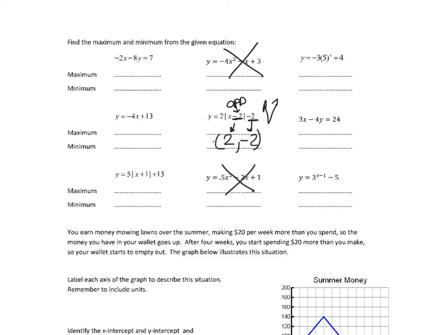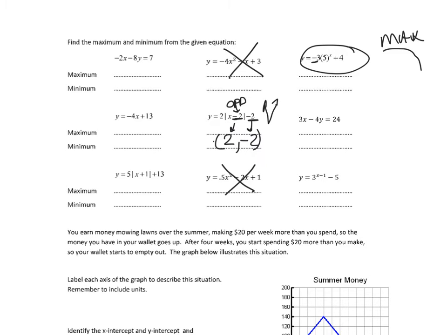Okay, a quadratic in vertex form works the same way. Okay, for exponential, if it's negative, then you're going to have a maximum.